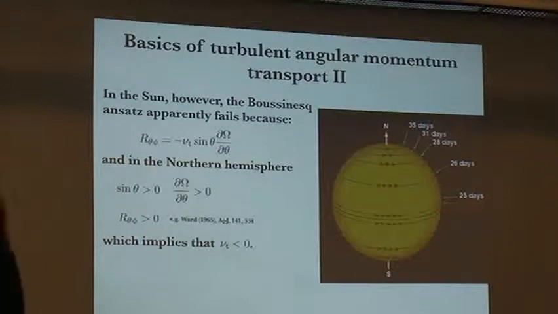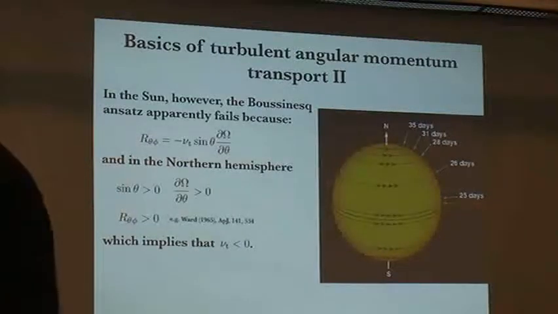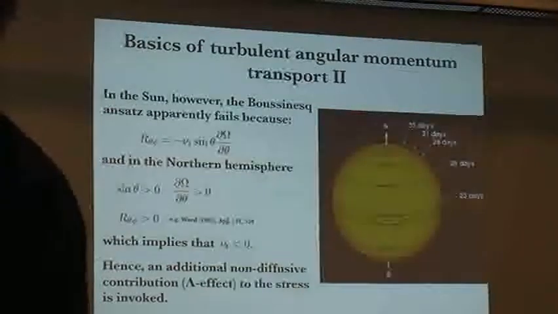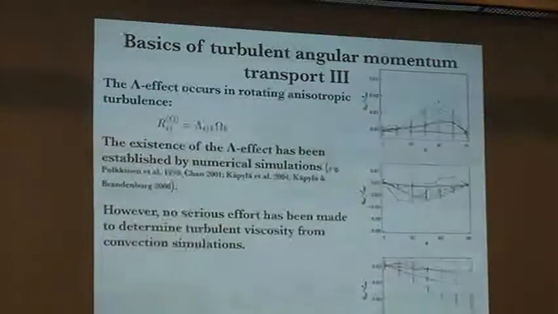So the way out of this is to postulate this is not the full picture, but that we have some additional non-diffusive contribution to the stress, which I always refer to as the lambda effect here, which is not the only thing, but maybe we come back to this later on.